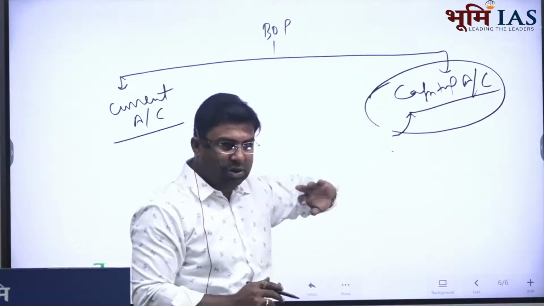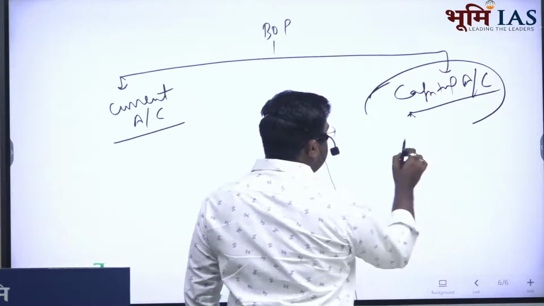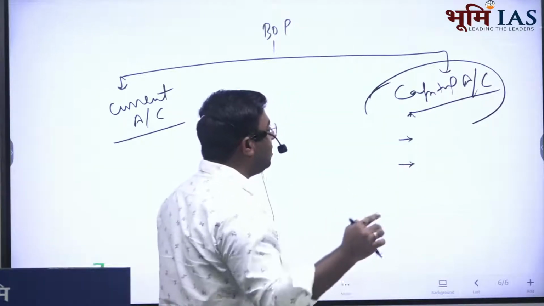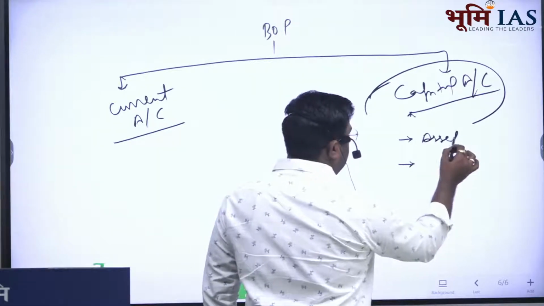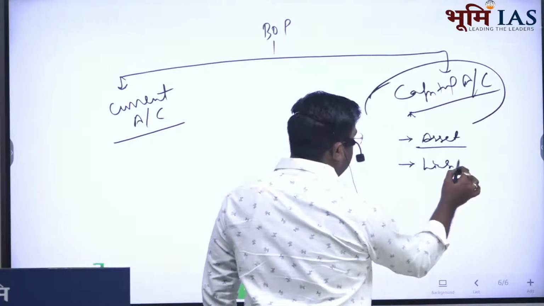in this account. So in order to understand all those dimensions, we need to focus over two basic key terms first of all, and those basic terms are the concept of asset and the concept of liability.